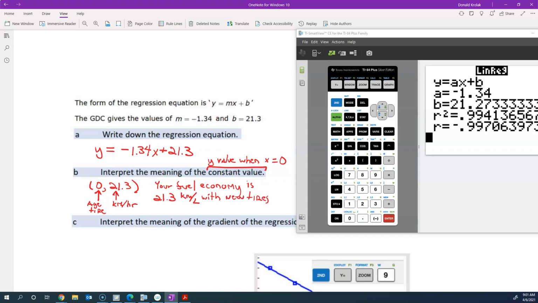When your tires have an age of 0, they're brand new, that's when you get your best fuel economy. And it's a pretty good fit. The r value is negative 0.997. That's a strong negative relationship.